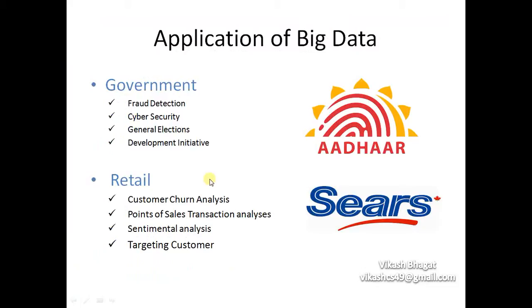Big data is also helpful in retail sectors. For a company, big data helps to do sentiment analysis. By analyzing the reports, companies can know which products particular customers are interested in and which they are not interested in, and by that they can target their customers and increase their profit.